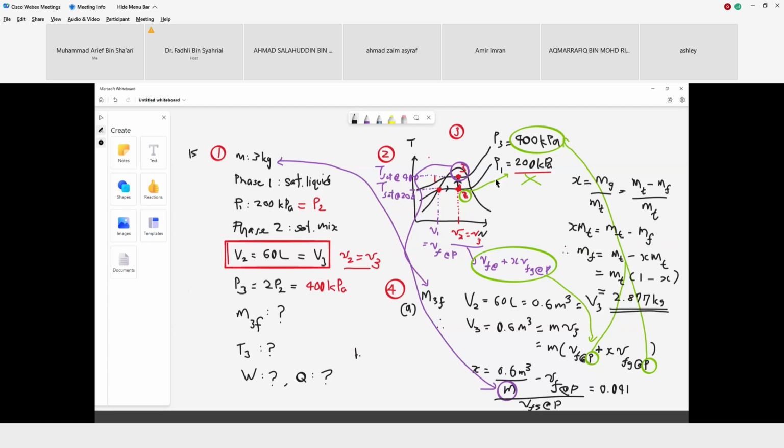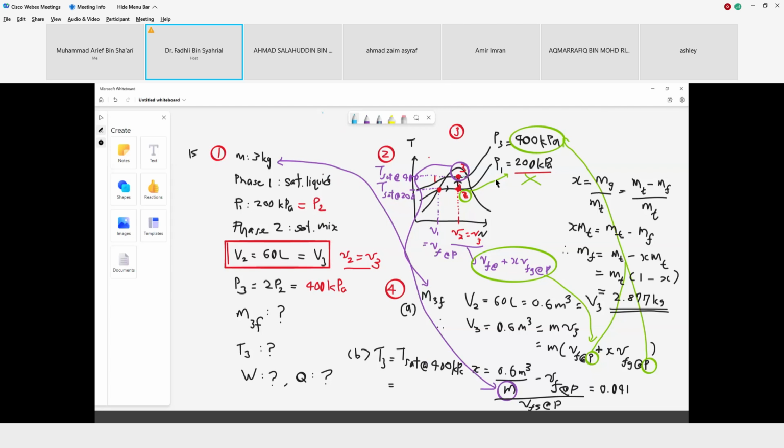So B, very simple. For B, final temperature T3 is equal to T saturation at the given pressure 400. Why? Because look back to our diagram.